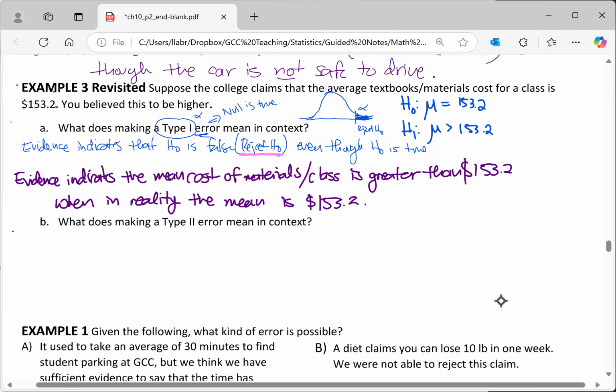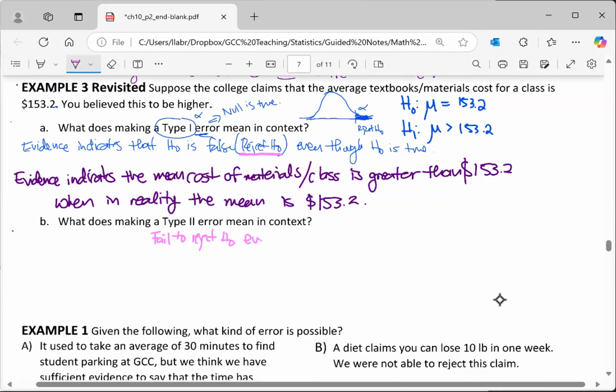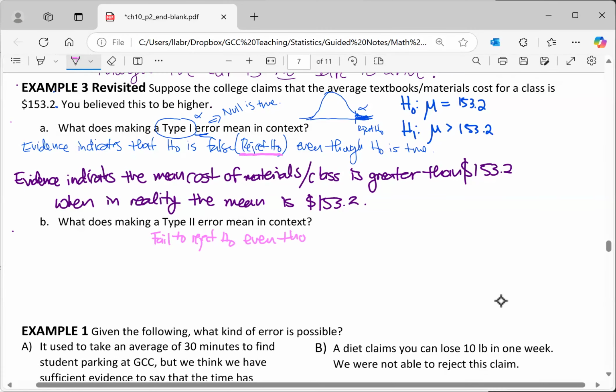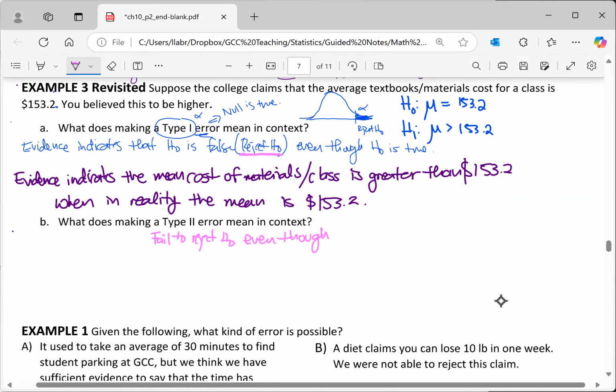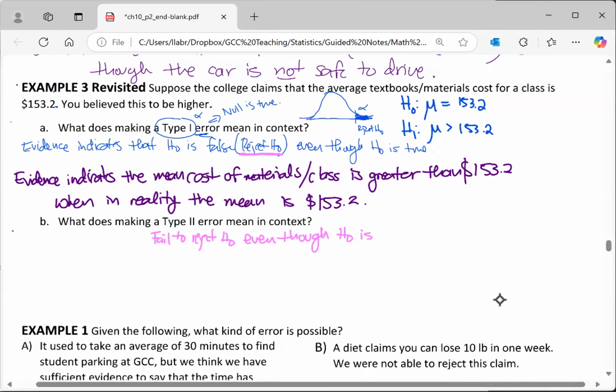So therefore, a type 2 error is going to happen when you fail to reject them. And if that's an error, then that means that the null is actually false. So we should have rejected, but we did not.